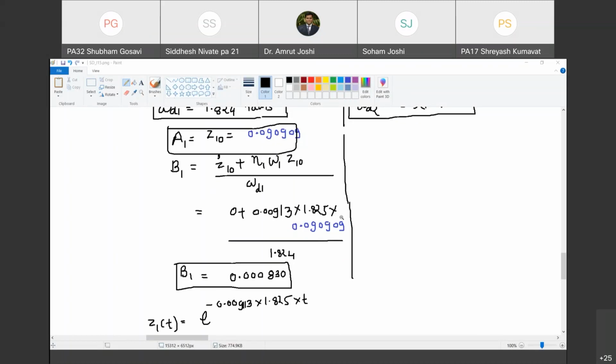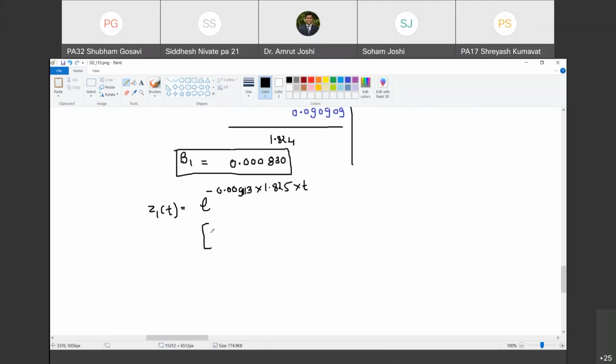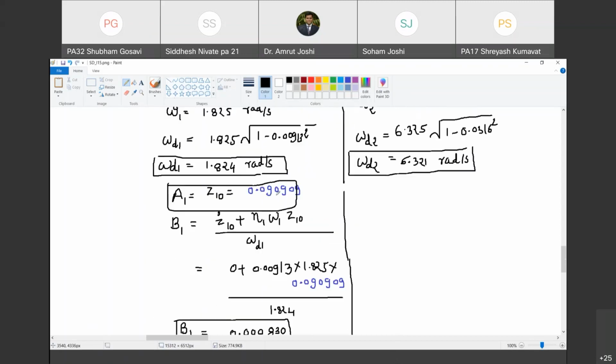Omega d is missing. No, sorry. That's correct, right? u0 cos omega dt, u0 dot plus eta omega u0 sin omega dt. Yes, that's right. Okay, so we are on the right track. Just give me a second. So into a1 cos omega dt.